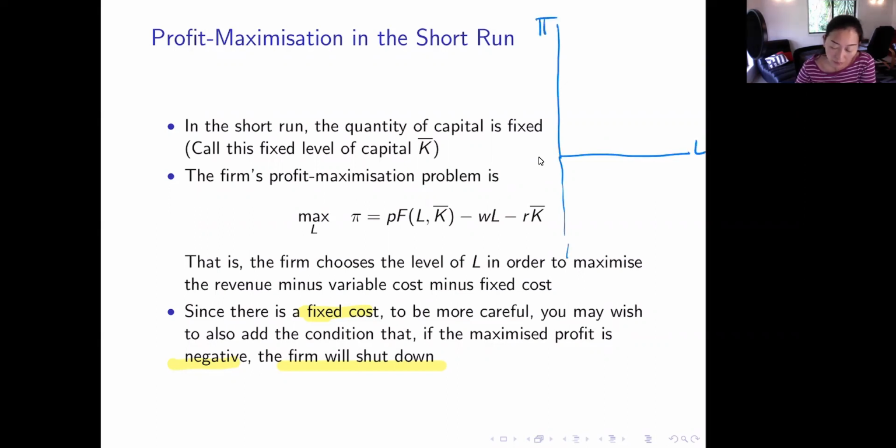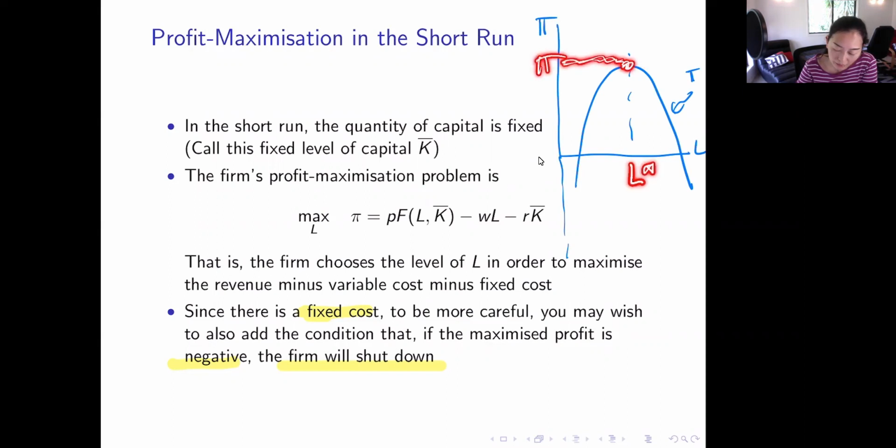You want to find L such that the profit is maximized. If the maximized profit is positive, then you know that L has to be the best one.